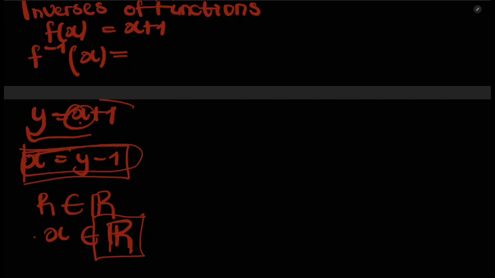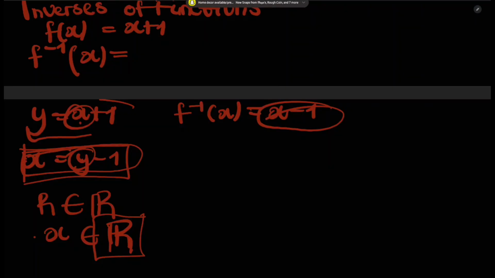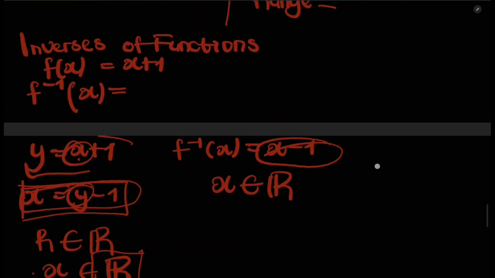This is our inverse. We have concluded that f inverse of x is equal to, we just change this y to our x minus 1. This function does not have a denominator. It has only a numerator. And so, since there is no denominator, we conclude that x is just an element of real numbers.